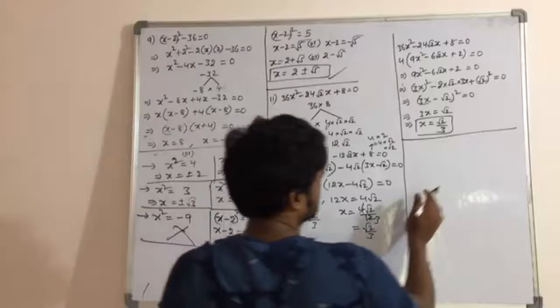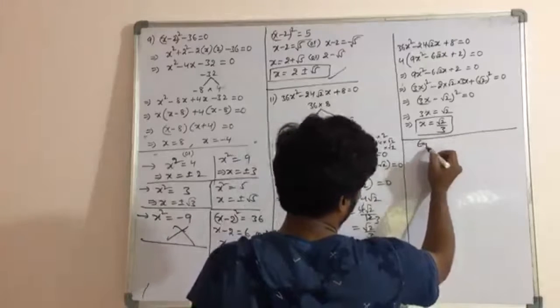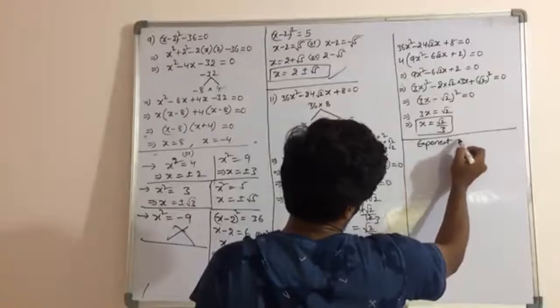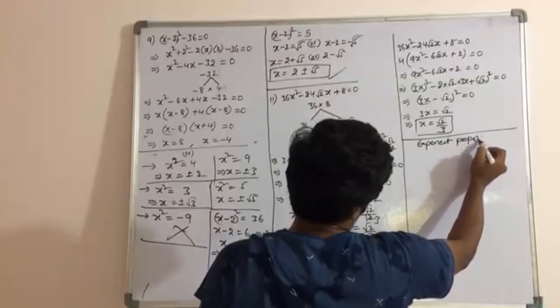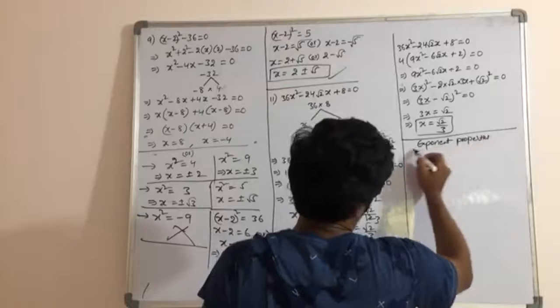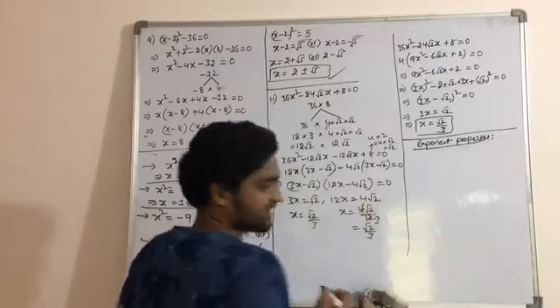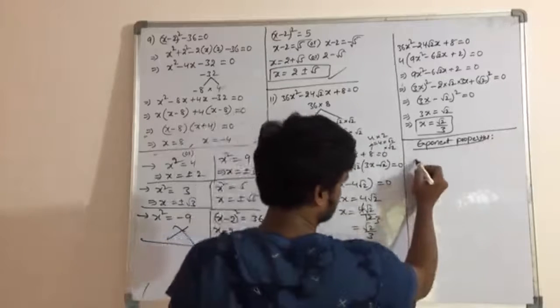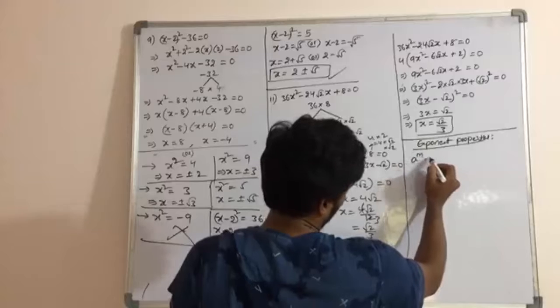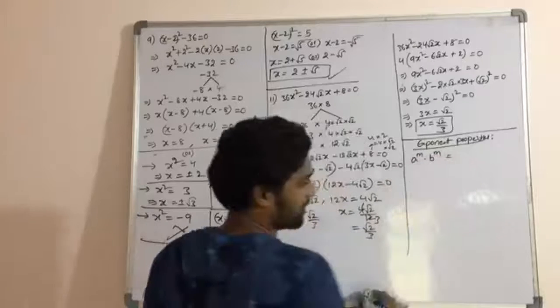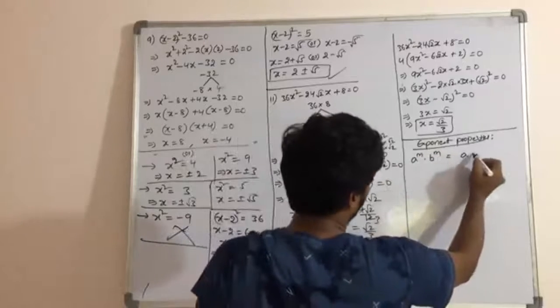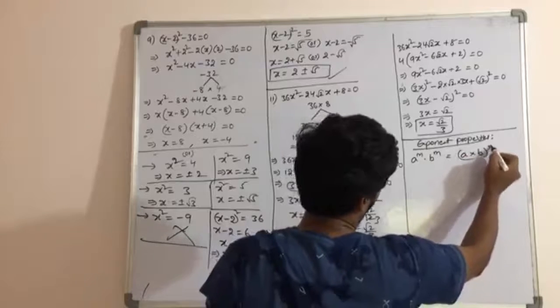Okay, now some of the exponent properties. See, a power m into b power m is equal to a into b whole power m.